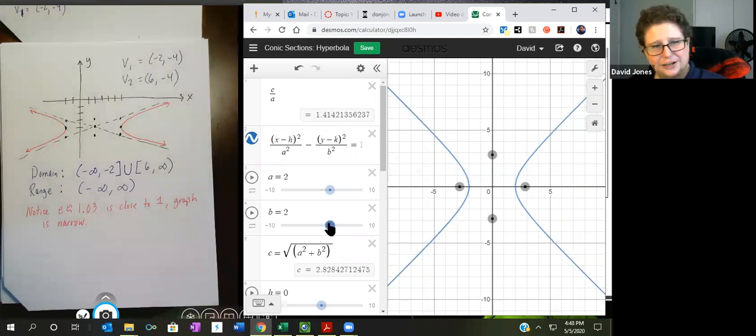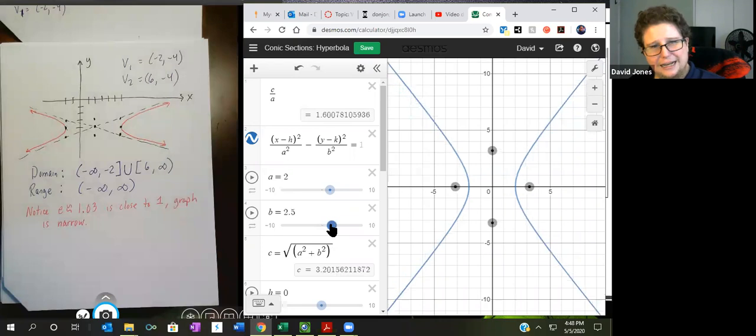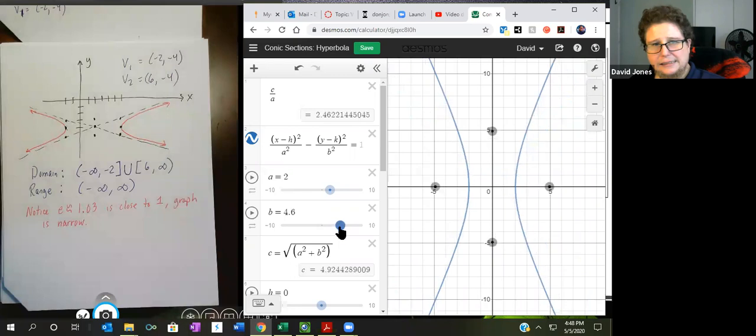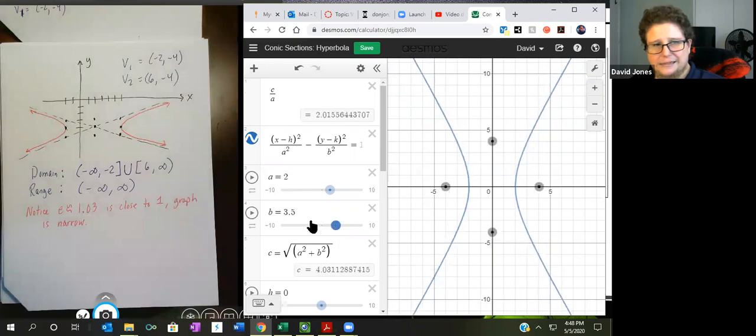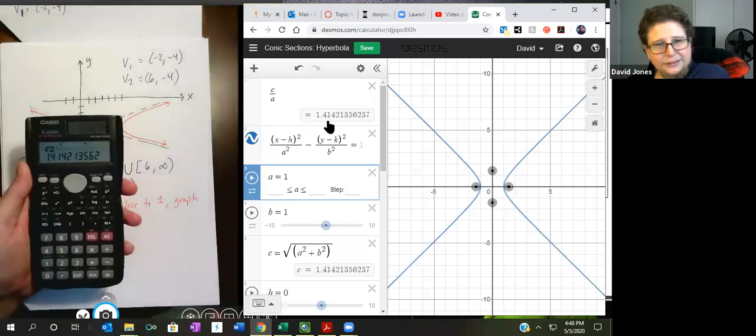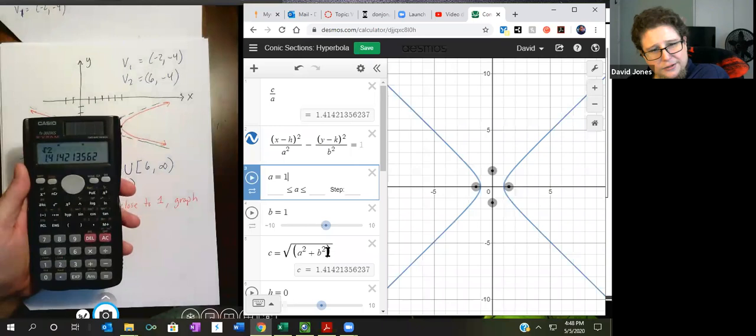As soon as it starts getting a little bit larger, it starts to become less X-ish. It doesn't matter which ones I have in there. If they're equal, this value right here is the square root of 2. And it's because it's doing this right here.